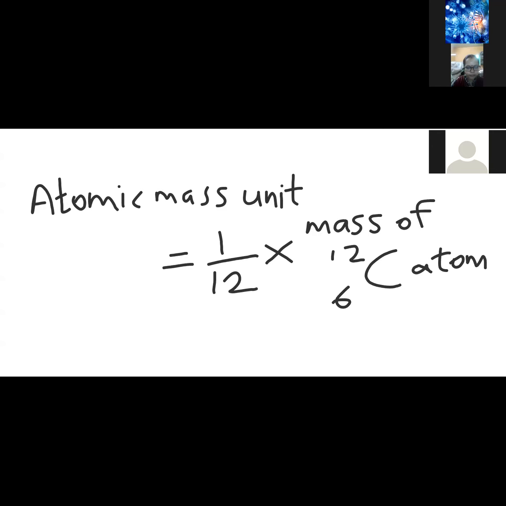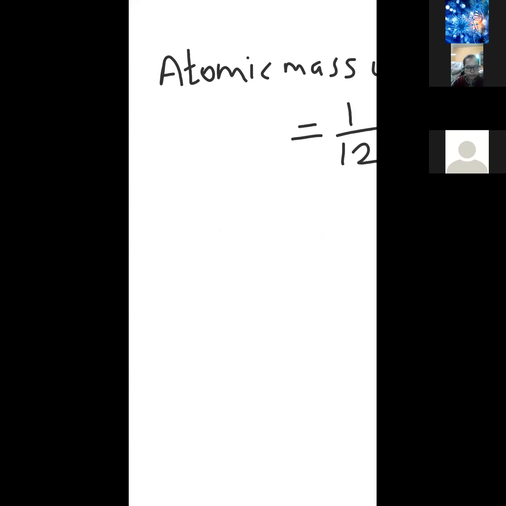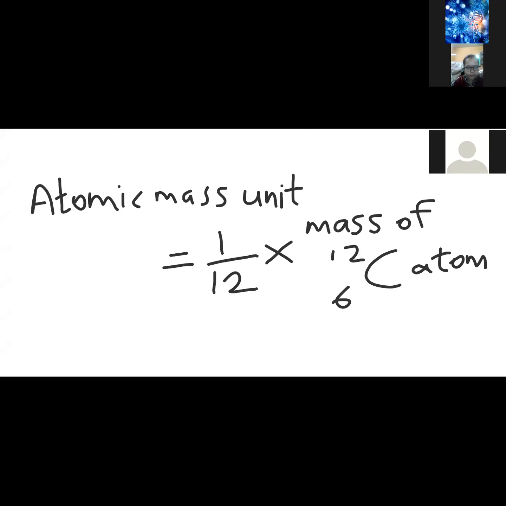You all know carbon has isotopes. Do you know that, children? First of all, do you all know what an isotope is? What does isotope mean? Isotope.